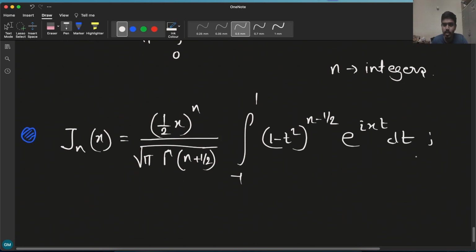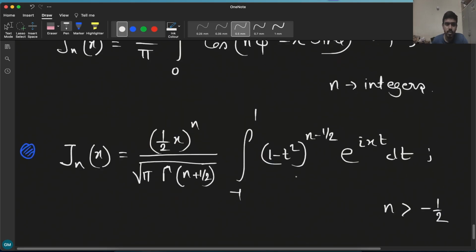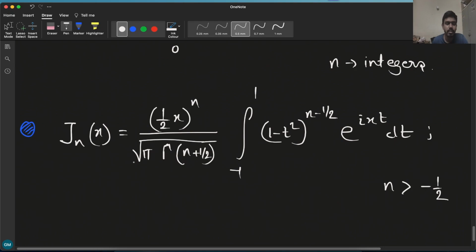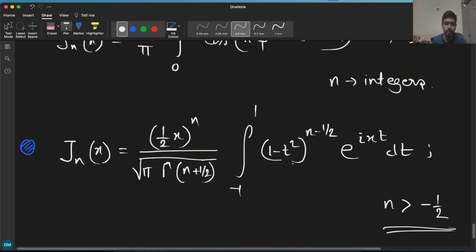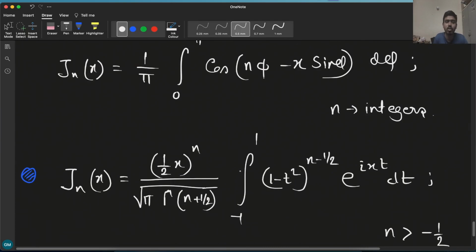Here n is greater than minus half. So n can take non-integer values also, but n should be greater than minus half. So in this way the Bessel function can also be generated.